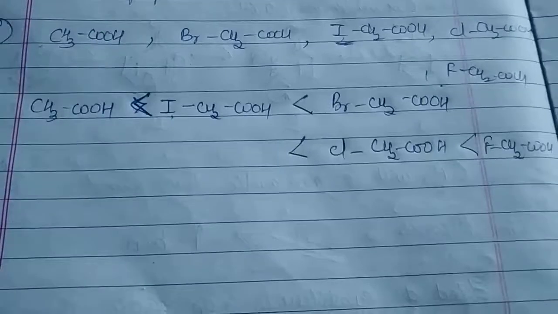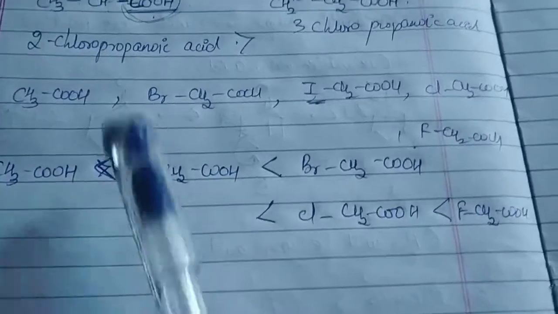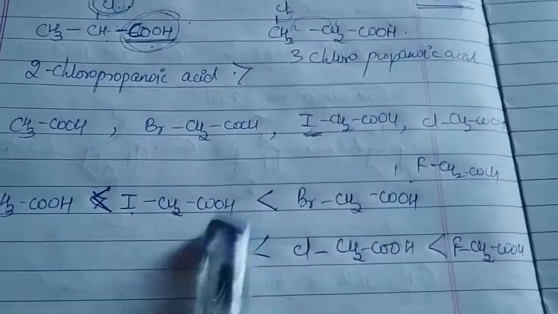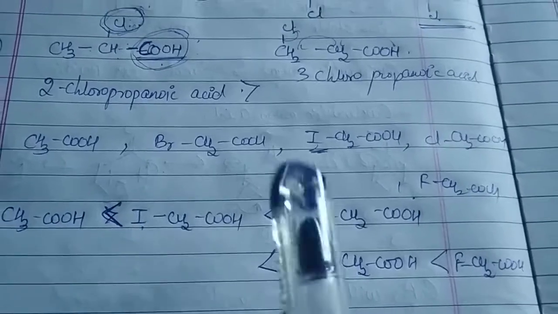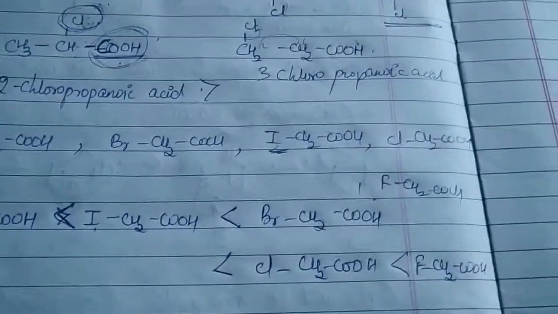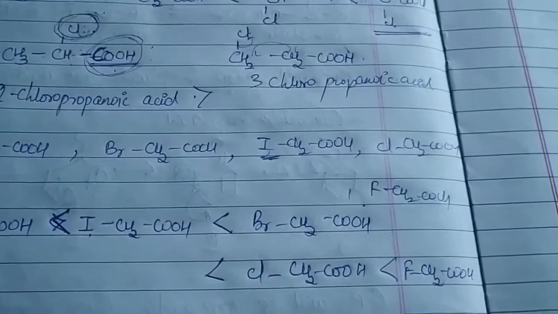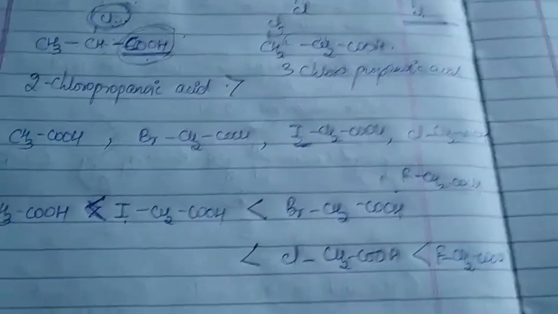So what does it indicate? The higher the electronegativity of your halogens, the greater is the acidic strength of your acids. Is that clear?